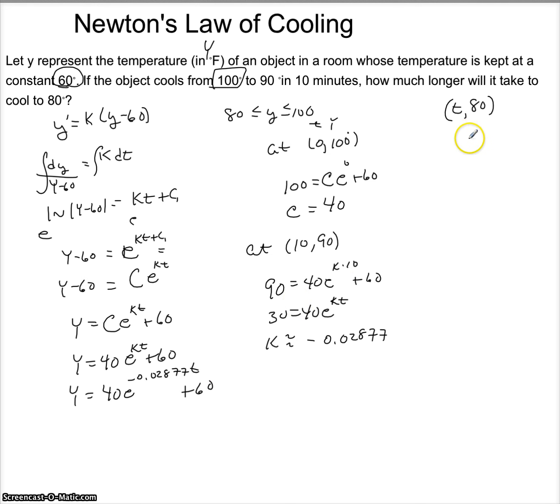Now let's find the time at which it will be 80. So at t80, 80 is equal to 40 e to the minus 0.02877t plus 60. Solving this for t, I get about 24.09 minutes.